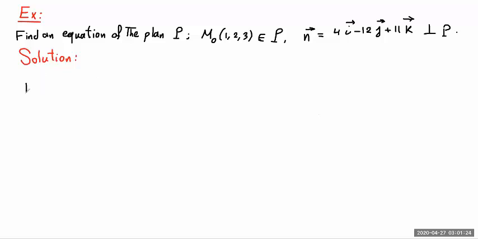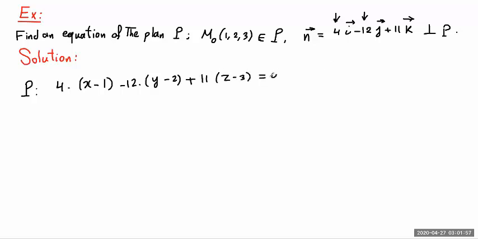So the formula: 4 from the vector here times (x minus x of the point M0, 1), plus the number here, minus 12, times (y minus 2), plus the number here, 11, times (z minus 3) equals 0. This is the equation of the plane P.